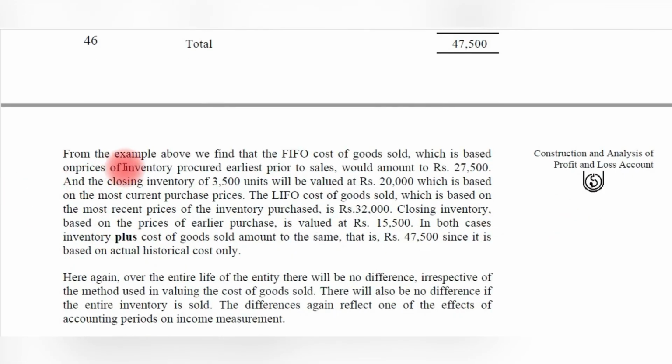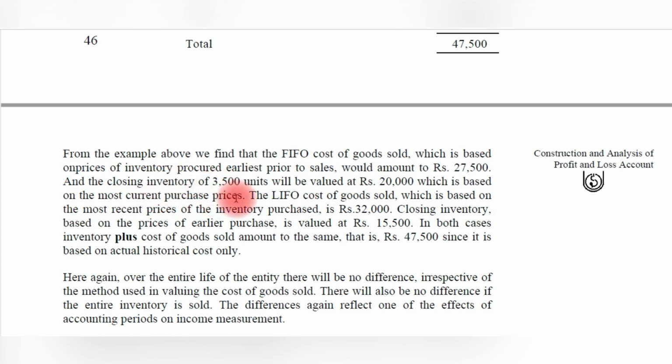From the above example, we find that the first in first out cost of goods sold, which is based on prices of inventory procured earlier, the oldest goods bought prior to the sales, amounted to 27,500, and the closing inventory of 3,500 units will be valued at 20,000, which is based on the most current prices.